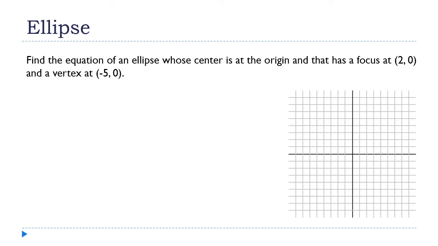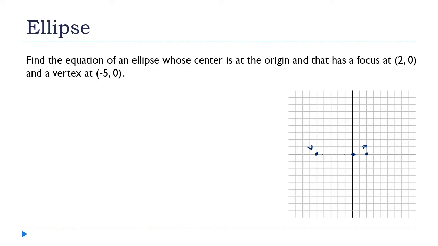I want to find the equation of an ellipse whose center is at the origin and that has a focus at 2, 0, so that's a focal point, and has a vertex at negative 5, 0, so that's 1, 2, 3, 4, 5. There's a vertex. Remember, the focal points and the vertices are symmetric around the center.